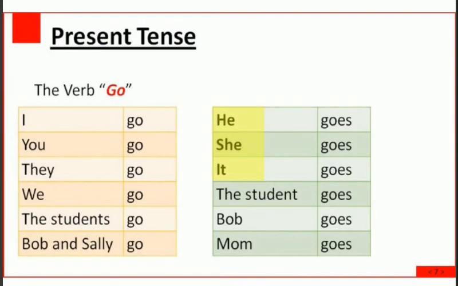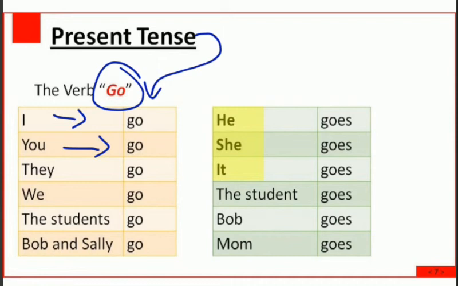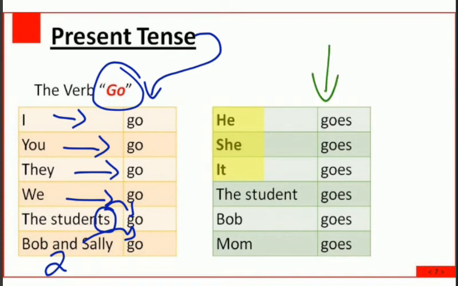Let's look at the present tense form of go. Remember, in the present tense, we say I go, you go, they go, we go. The students, more than one, so we say the students go. Bob and Sally, there's two, so Bob and Sally go. On this side, remember that we only have one, so we're going to say he goes, she goes.